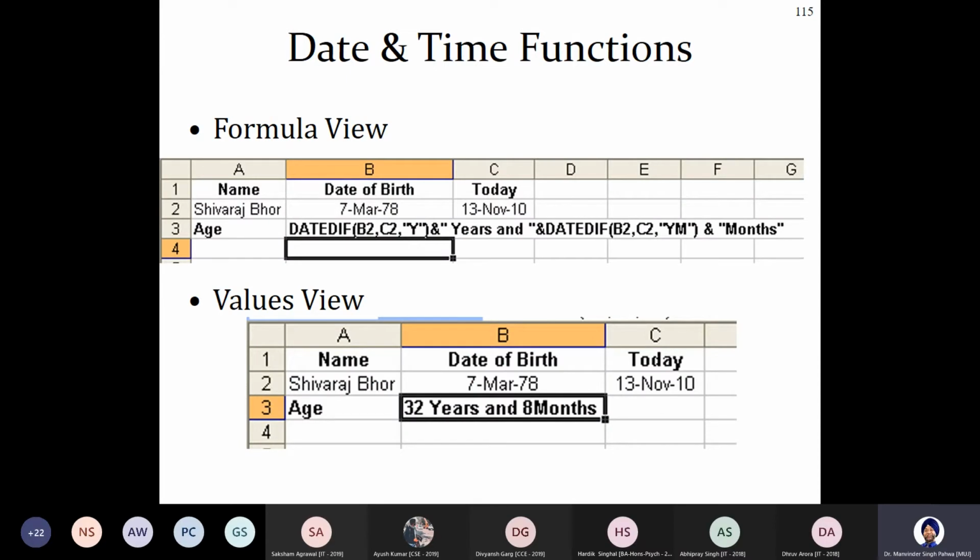Date of birth is given, and TODAY is given over here. If we have to calculate the age, then we just go with this formula, DATEDIF, and accordingly it will calculate.